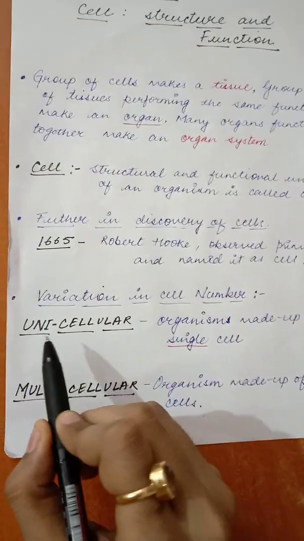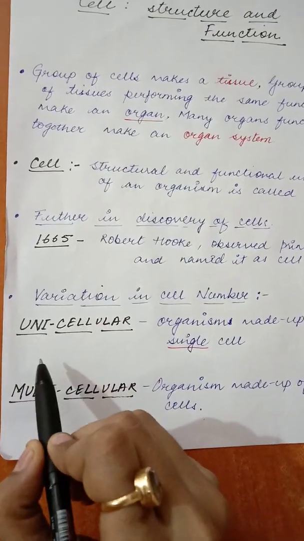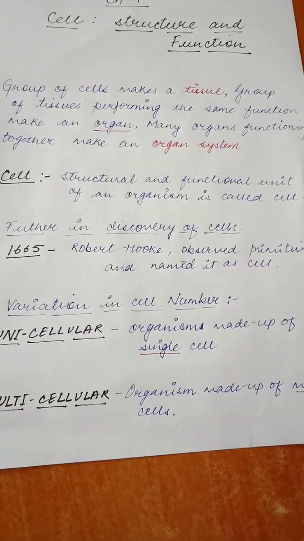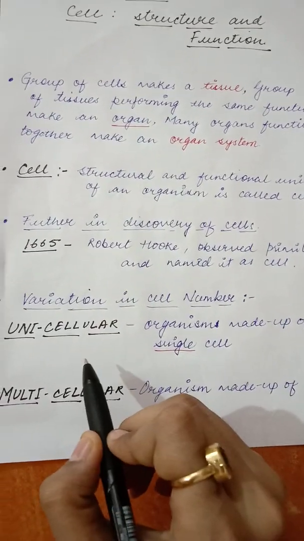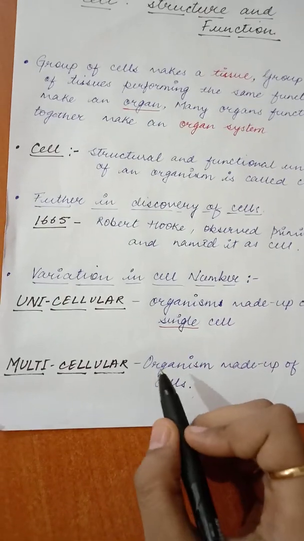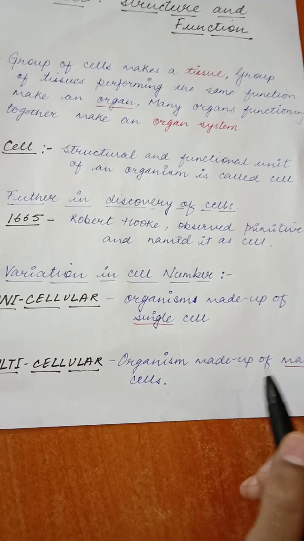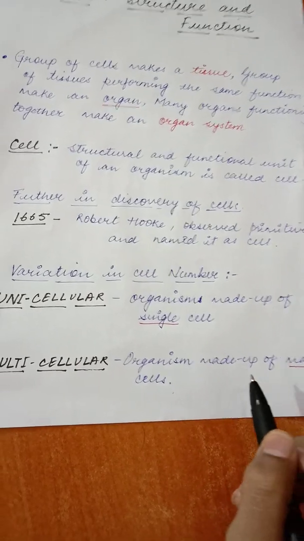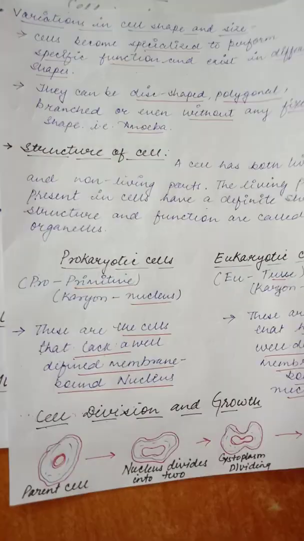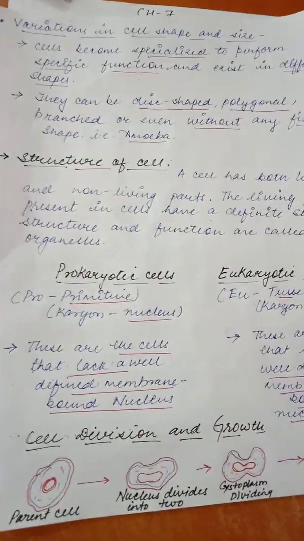Like unicellular, uni means one. Cellular means cells. So when an organism is made up of a single cell, that is termed as unicellular. When the organism is made up of many cells, it is termed as multicellular.